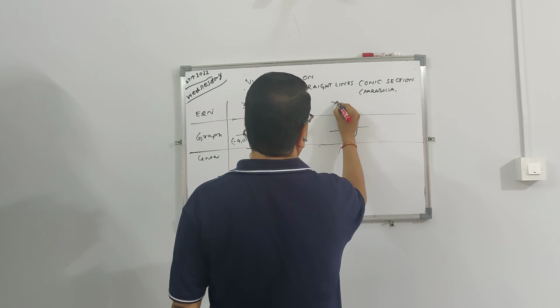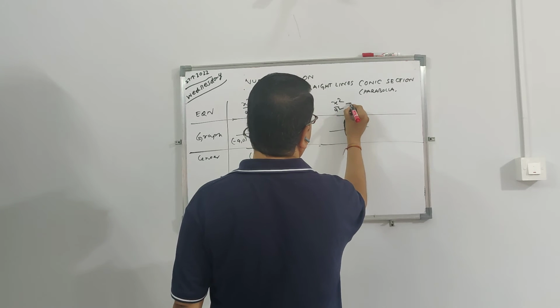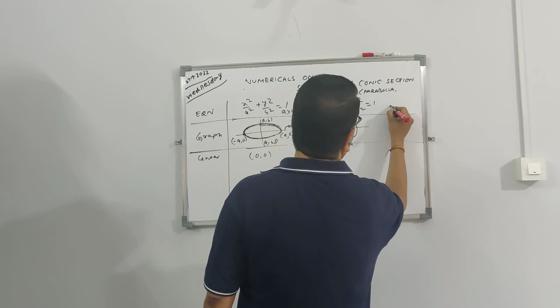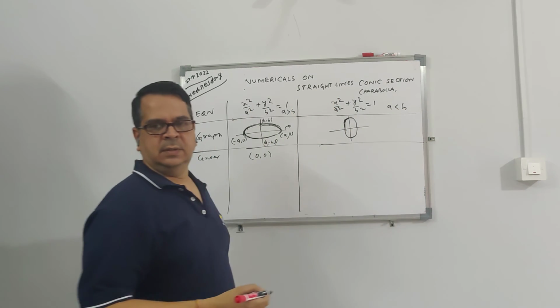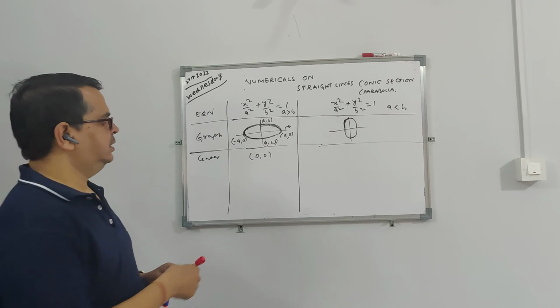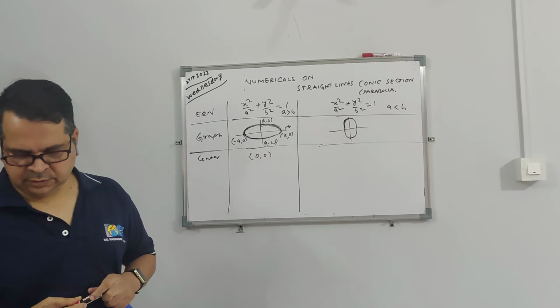In this case, the equation is the same, x square by a square plus y square by b square is equal to 1. But here a is less than b. So here x becomes the major axis, here y becomes the major axis.